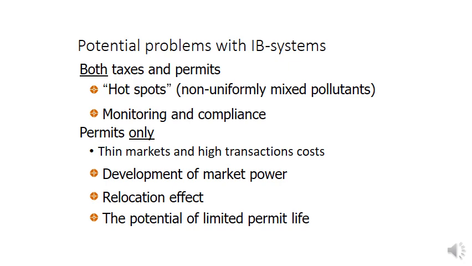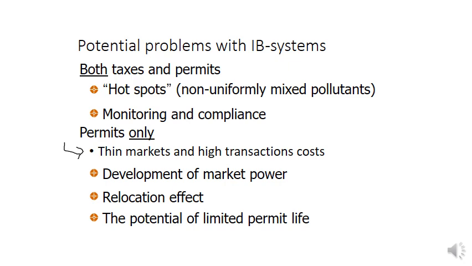There are also some potential problems unique to permitting or cap and trade type systems. One is thin markets. Meaning, what if there aren't a high number of buyers and sellers? In that last example, we had two firms, a green firm and a brown firm.